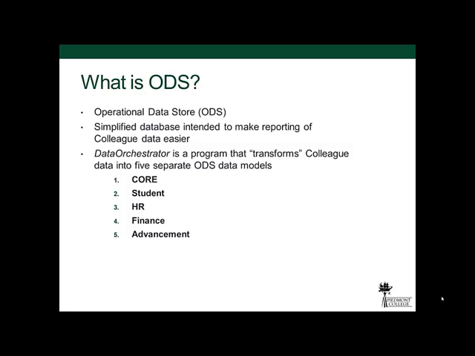Data Orchestrator extracts certain Colleague data fields, reorganizes them, and in some cases transforms them into 5 separate categories of information called ODS data models. These data models are called Core, Student, HR, Finance, and Advancement.